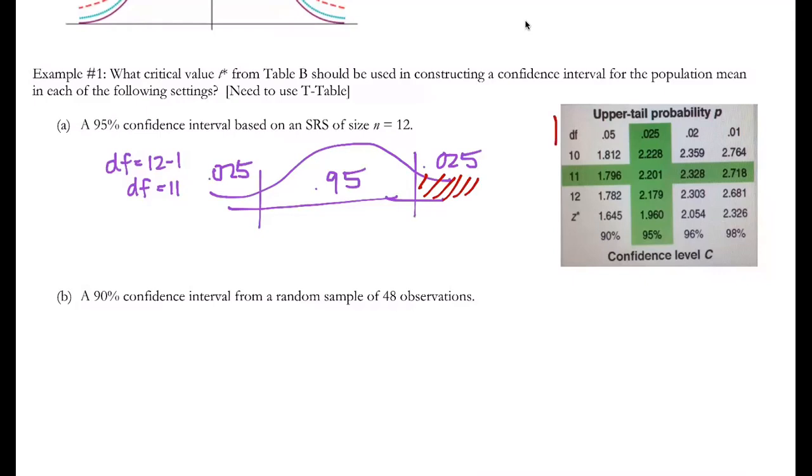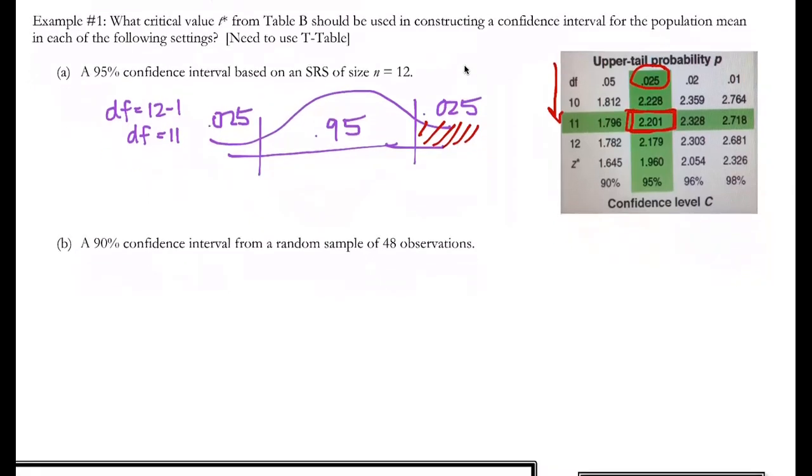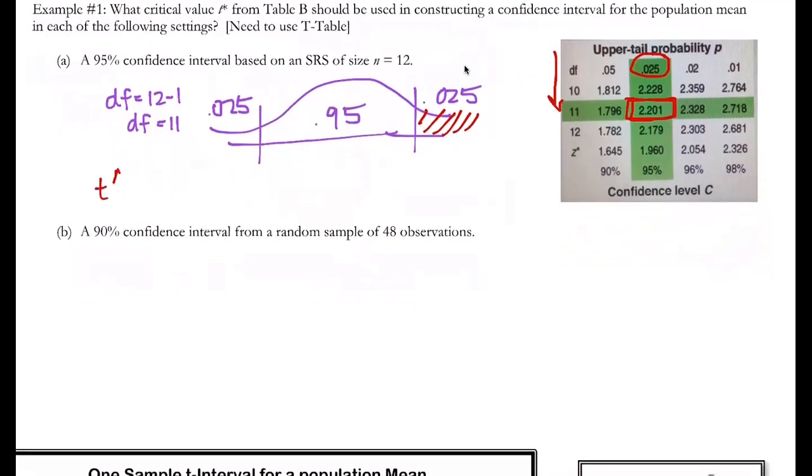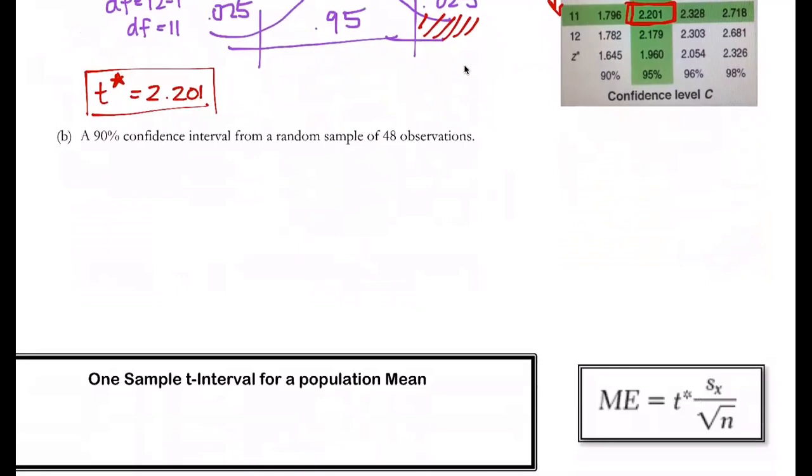Looking at degrees of freedom 11 and upper tail probability 0.025, the value we would be looking at is right here, 2.201. So that means that our T star, the critical value for T, would be 2.201.